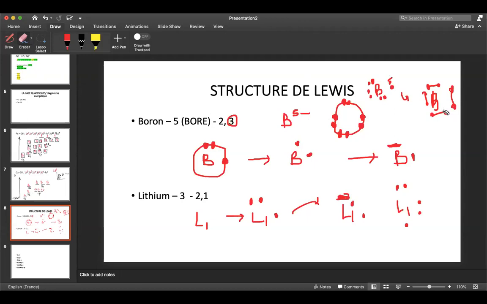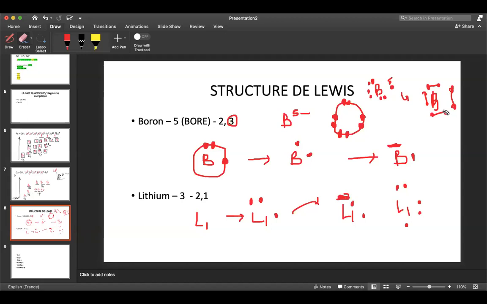Are we considering, since boron is in group 5 and then period 2? Boron is in group what? Group 5. Yeah, boron is in group 5. No, group 3.